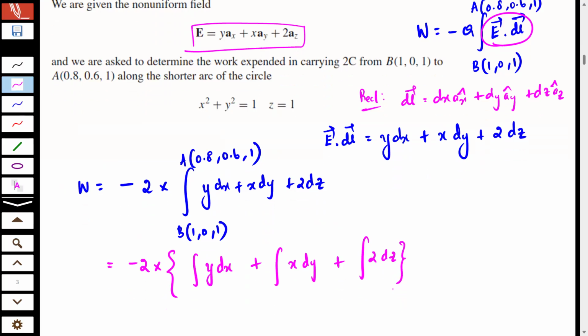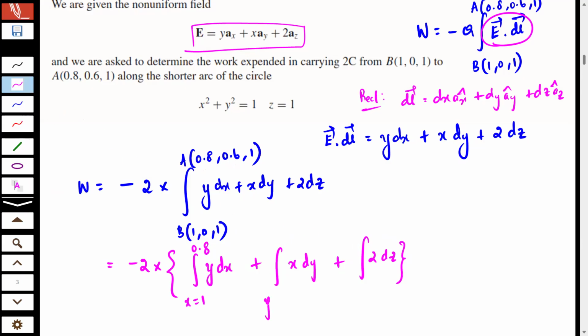We have to give the corresponding limits for x, y and z. In this case, the x limit is 1 to 0.8. For point B, the x coordinate is 1, y coordinate is 0, z coordinate is 1, which forms the lower limit for the corresponding integration. And the upper limit is 0.8, 0.6, 1 for x, y and z. That will form the corresponding upper limit for the integrations.